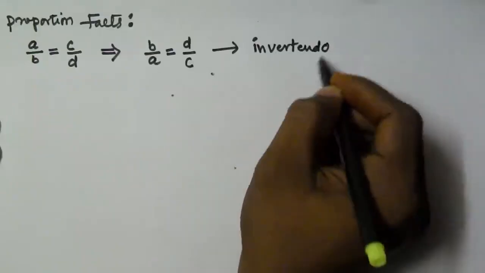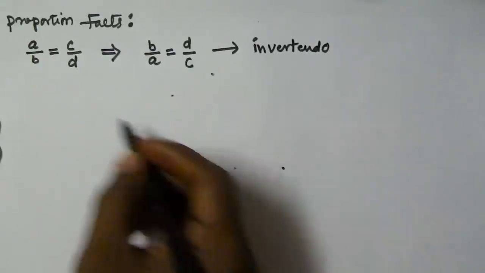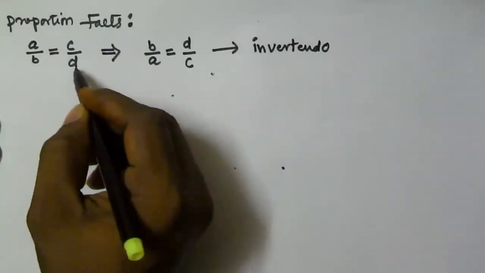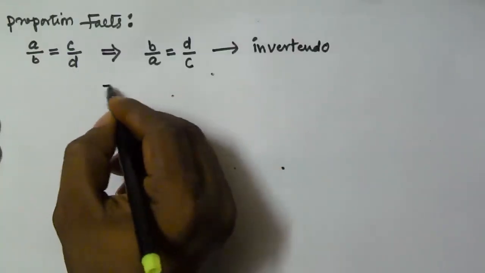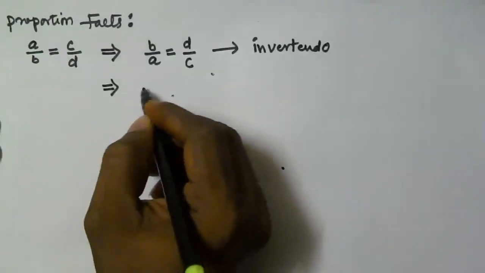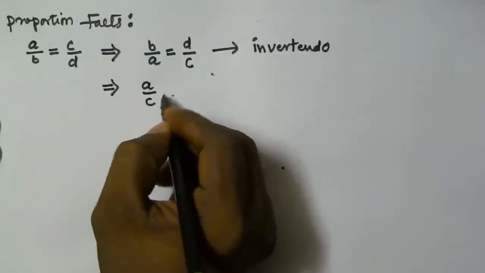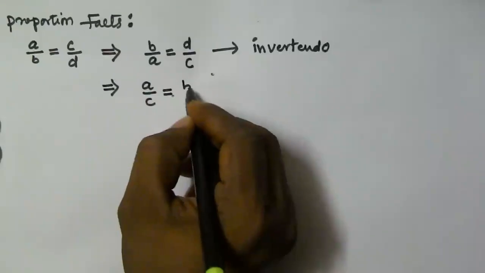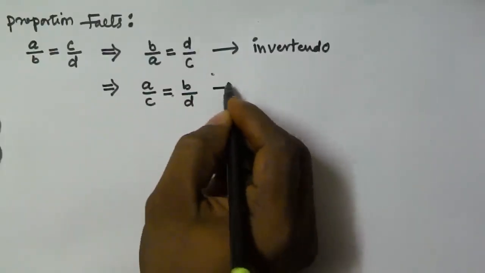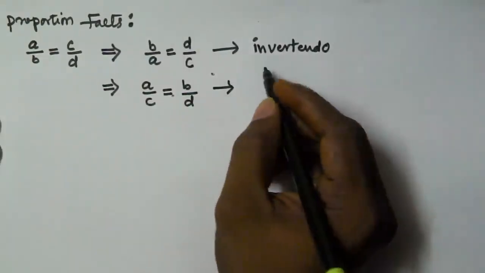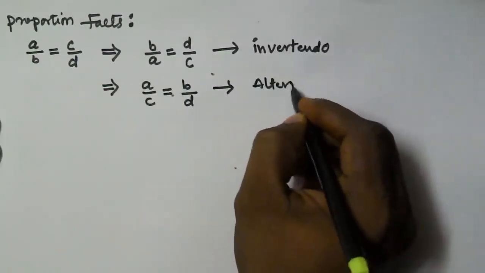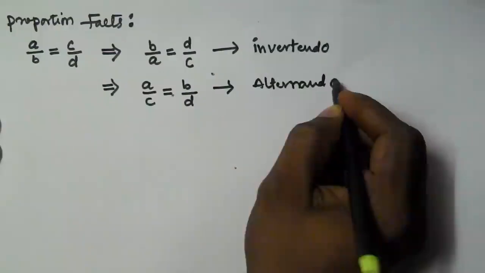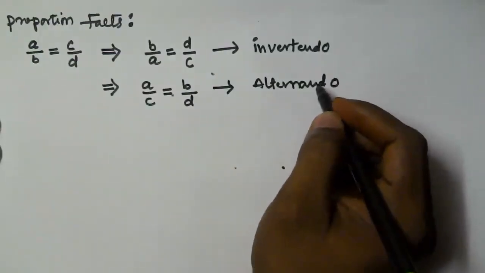If we have A by B is equal to C by D proportion, then the same can also be written as A by C equivalent to B by D. So this is called as alternando.